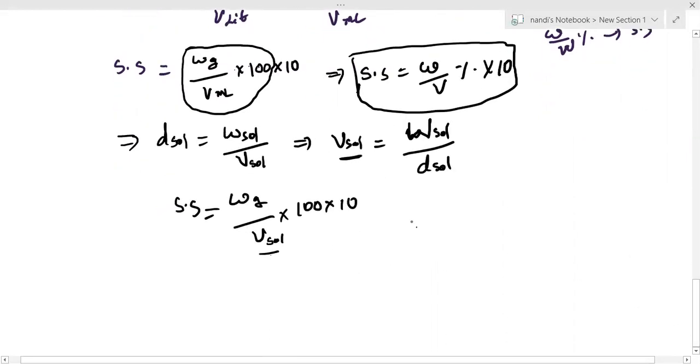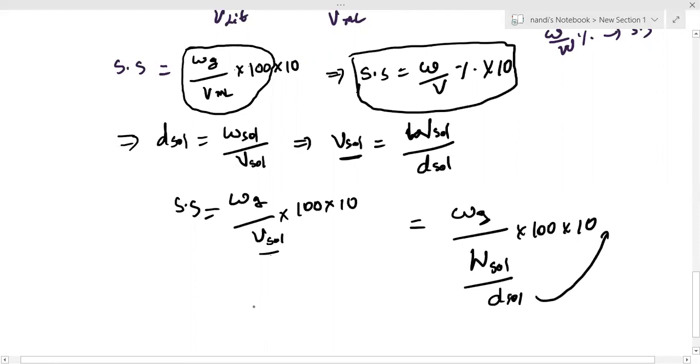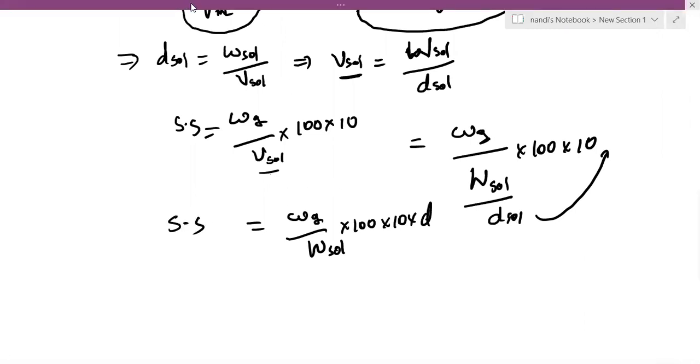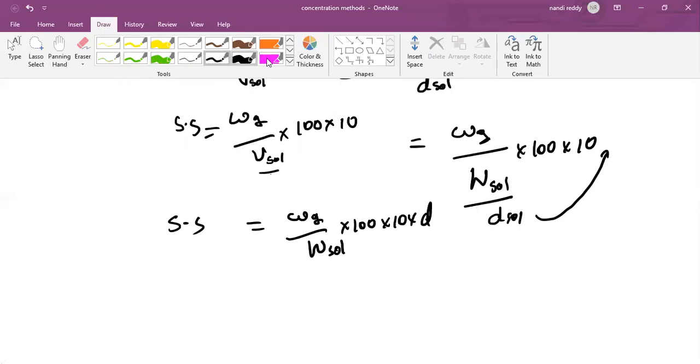Now check it here. W grams by W solution by density solution into 100 into 10. So the density will go up. Now we can write W grams by W solution into 100 into 10 into density. What can we write in place of W by W into 100?